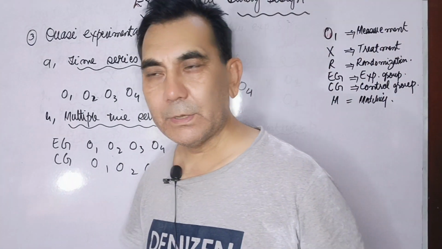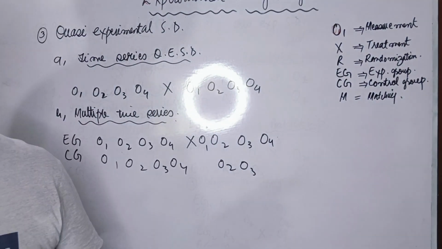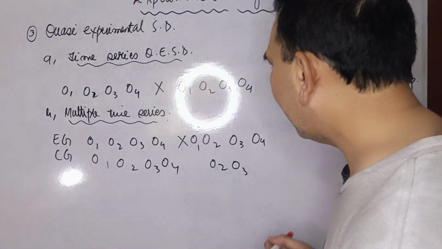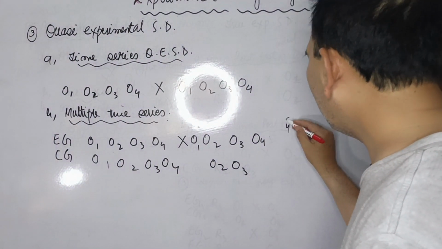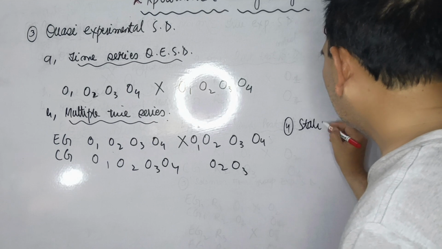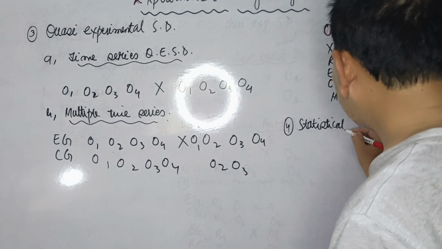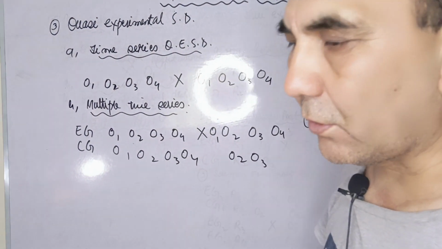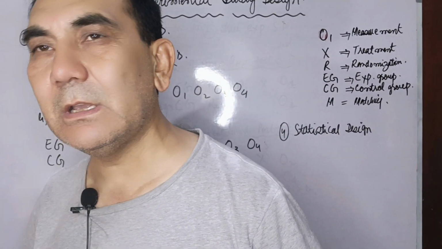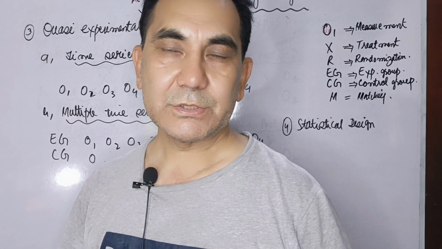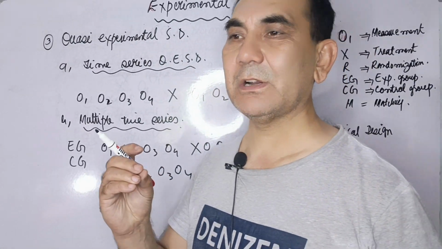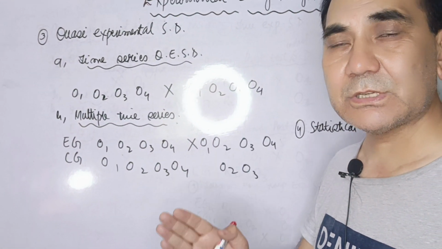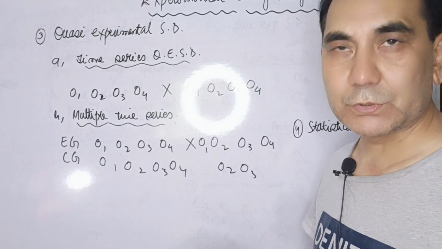Okay, I hope your concept about the experimental study design and other types of experimental study design is clear. The fourth type is called the statistical design. In this statistical design of the experimental study design, very sophisticated statistical tests or statistical designs will be used to measure the pre-test and post-test outcome.